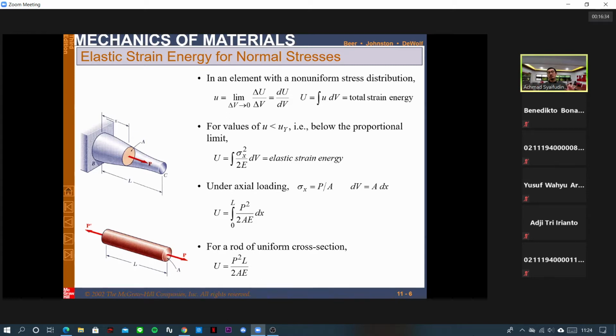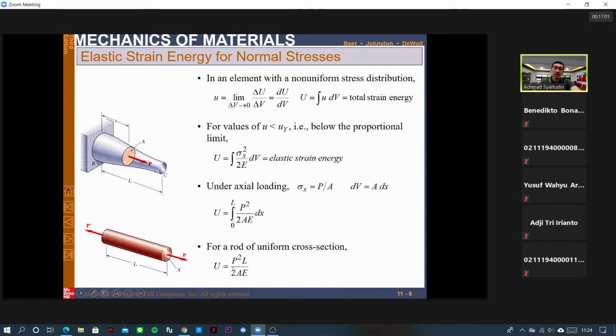So you can also obtain the deformation formulation for bending and also torsional loading. This one is for axial loading. You can see here the strain energy under the elastic area, for elastic deformation and axial loading.